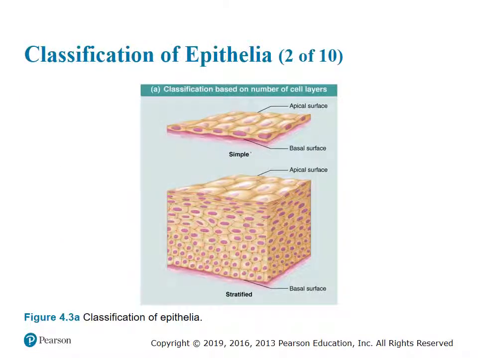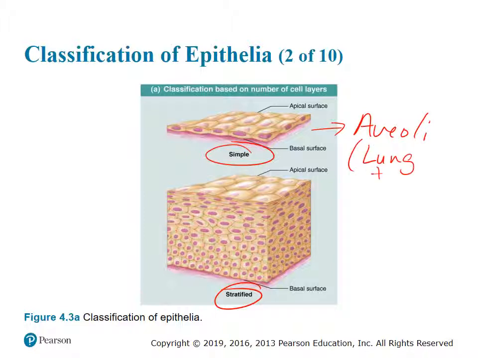So here's an example of a simple versus a stratified. You would see this, for example, when we look at the respiratory system and look at the lung tissue, the very edge of what we call the alveoli, which are the smallest units that would transport oxygen inside blood and then carbon dioxide out.